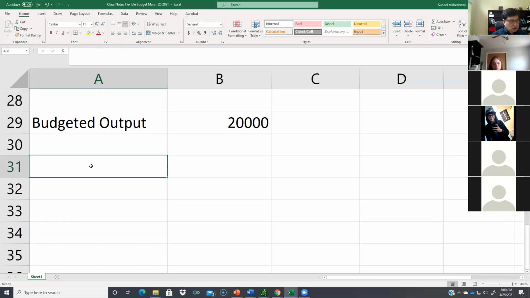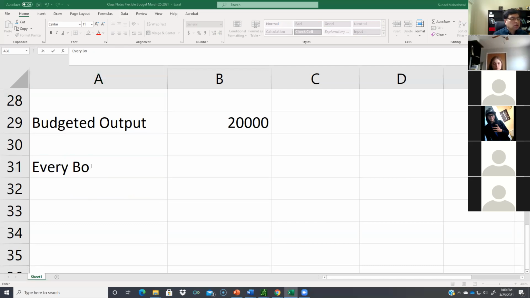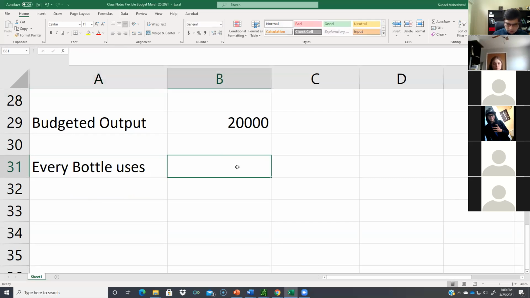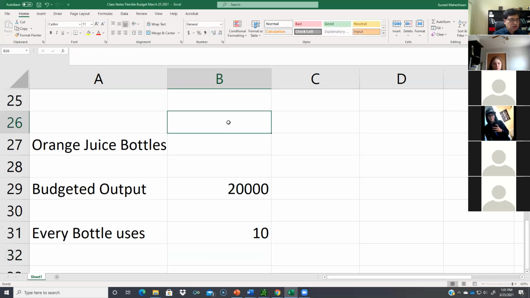And every bottle uses up, say, 10 oranges. These are the budgeted numbers. Budgeted or standard number, kind of.